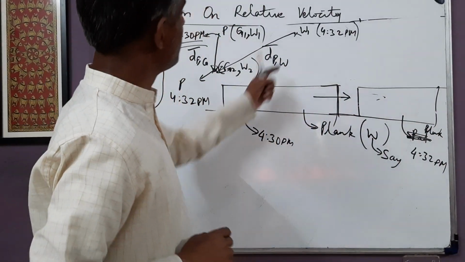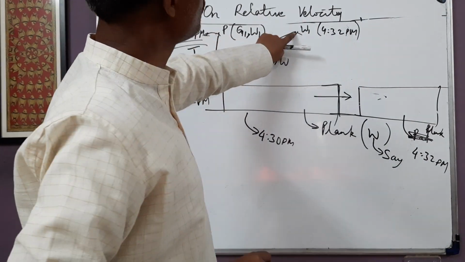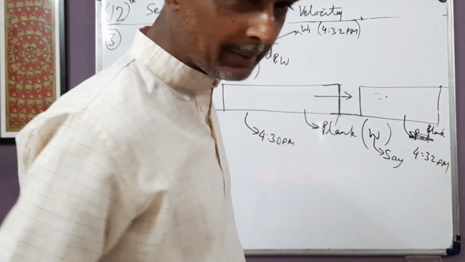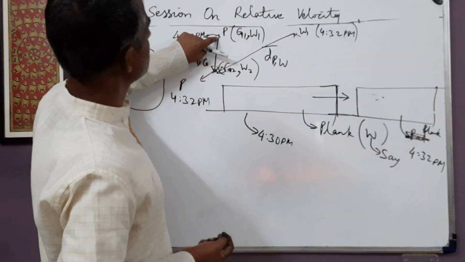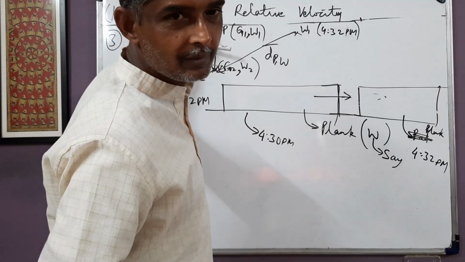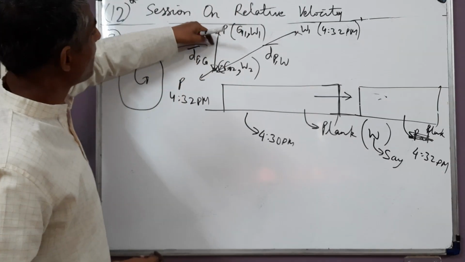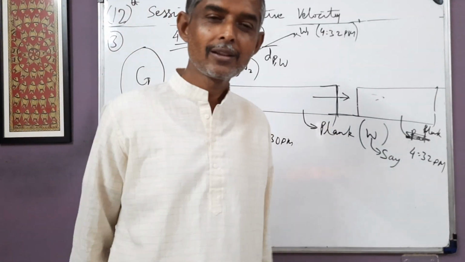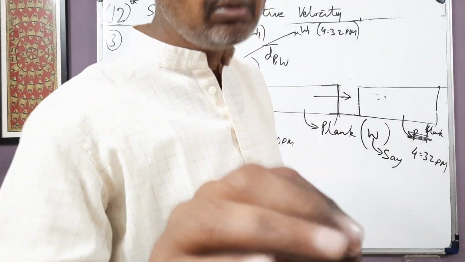At 4:30 p.m. W1 is here. So you will say that at 4:32 p.m. also W1 is at this location. So the displacement of P in the Planck frame will also be from here to here, same as in the ground frame, which is wrong. So this definition of reference frame is extremely vital.